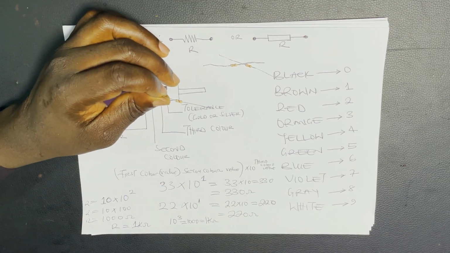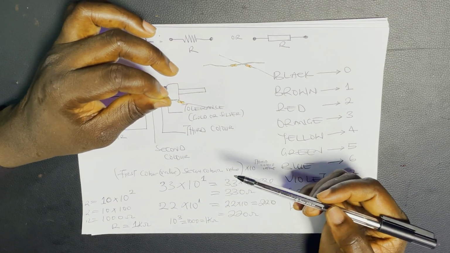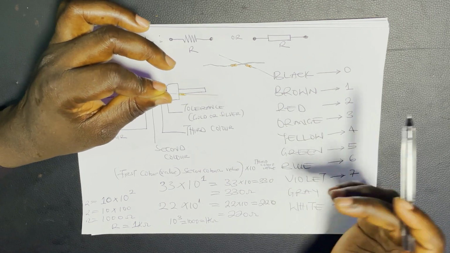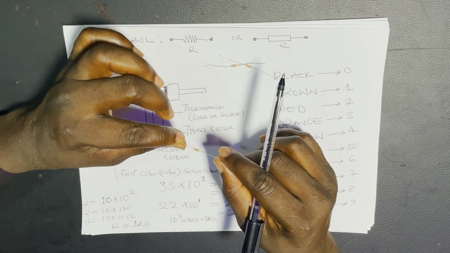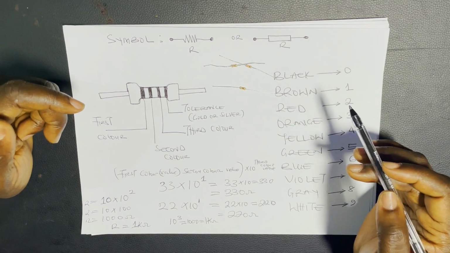The unit of resistance is ohm, kilo ohm, or mega ohm, depending on the magnitude of the resistor. So this is how you can calculate the value of a resistor.